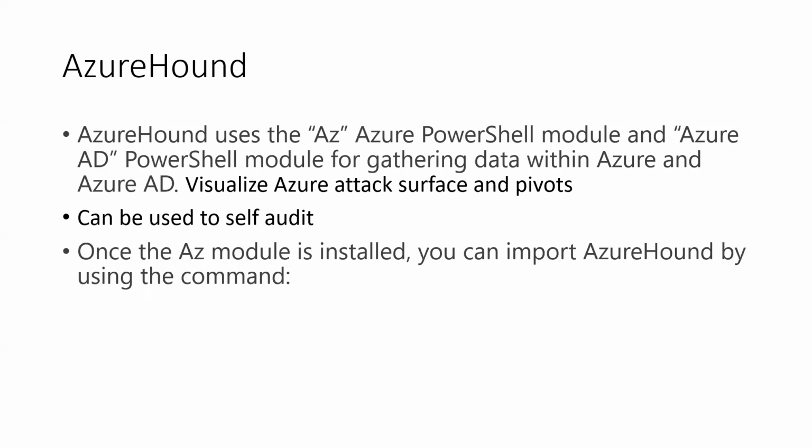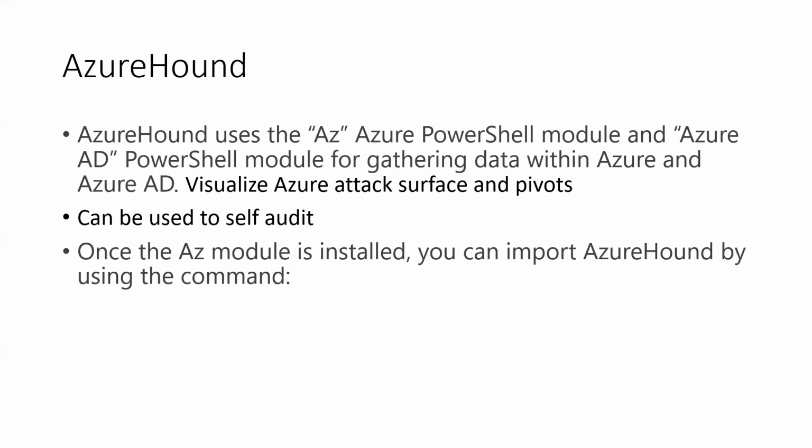Another excellent tool to look into. It uses the Azure PowerShell module and the Azure AD module for gathering data. It gathers all the data, and you can visualize the whole Azure environment, all those attack surfaces that we discussed earlier. You basically have a graphical representation of it. Take a look.